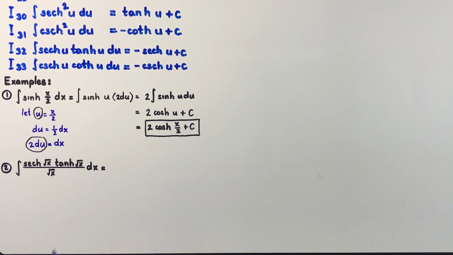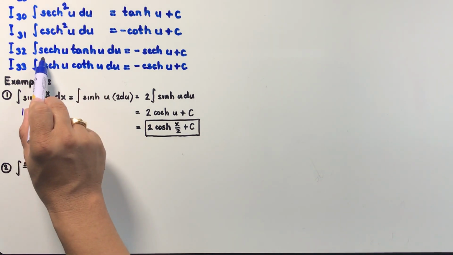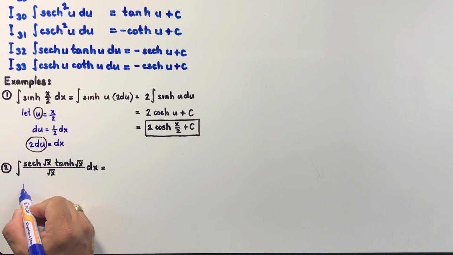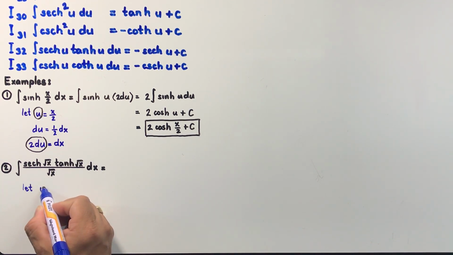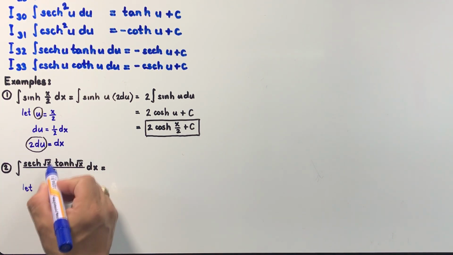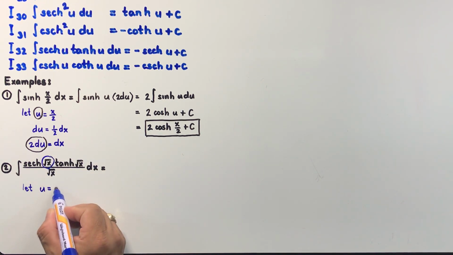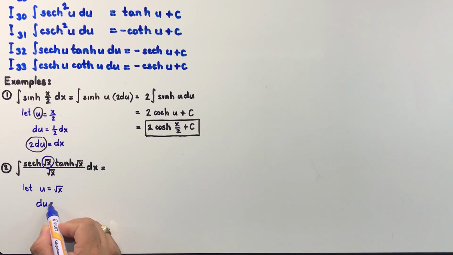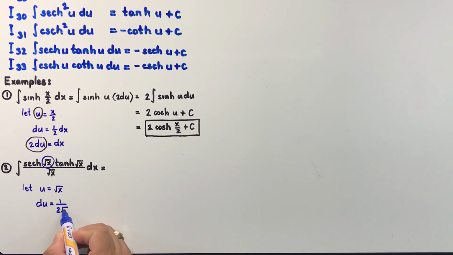Now, looking at this integrand, we notice that it is somewhat like integral formula 32, because if you let your u be equal to this square root of x, we notice that our du here, which is the derivative of the square root of x, is 1 over 2 square root of x dx.